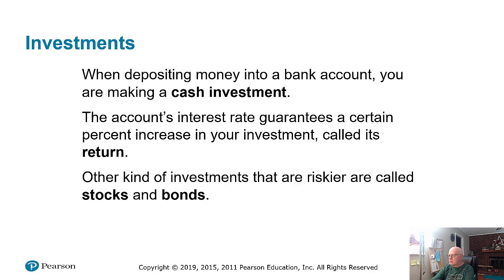Now, what are some of these things? Putting money into a bank account is making a cash investment. The interest rate guarantees a certain amount because you're putting it into a bank account. It's covered by the FDIC. What you get on your investment is called a return.